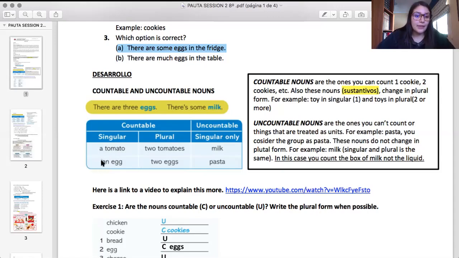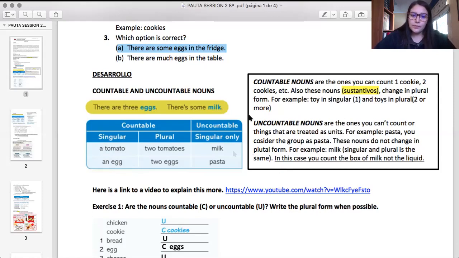And with AN is because the following word starts with a vowel. An egg, so the sound doesn't change. A egg, it's a little weird with the pronunciation. So when it's a consonant, we use A, and when there is a vowel, we use AN.